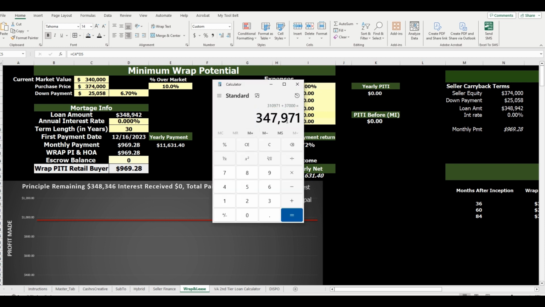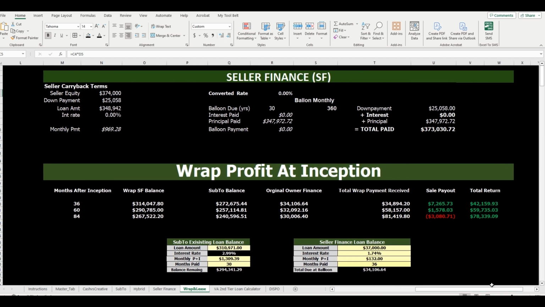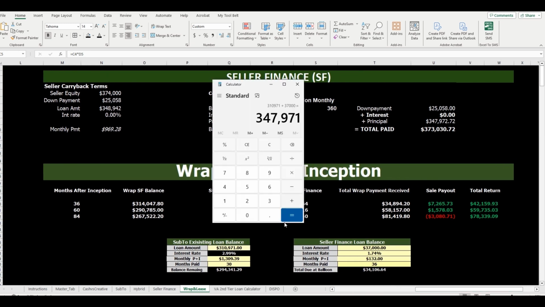Our total remaining balance right now on this property that's being a hybrid, we've got one note at $310,000. We've got another note on the property for $37,000, which means we have a total debt on the property of $347,000.